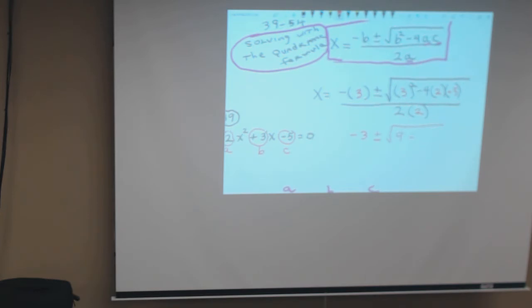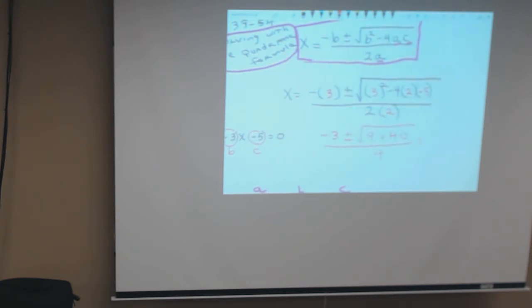So is it minus or plus 40? A negative times a positive times a negative would be plus 40. All divided by 4. So what does that equal? -3 plus or minus the square root of 9 and 40, which is the square root of 49. Does that sound like a magic number to anybody?